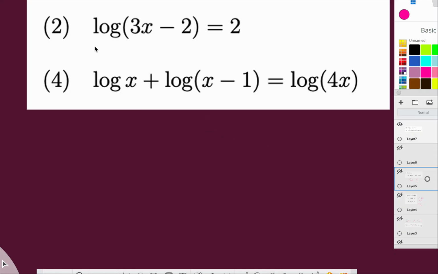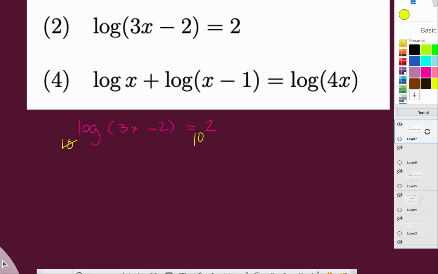Okay, so there are two types of equations we're going to use, right? We're going to try and get rid of our log by raising it by that power. Okay, so this log base 10, or common log, of 3x minus 2 is going to be equal to 2. And what we said was, well, we'll just raise this to the power of 10.